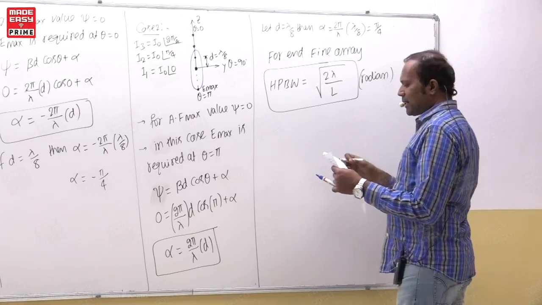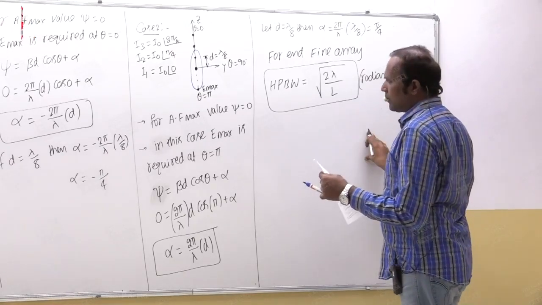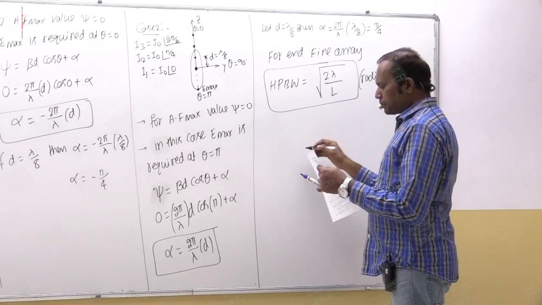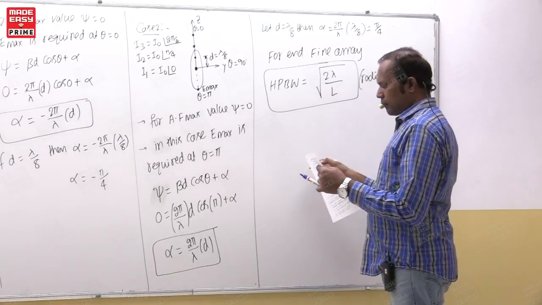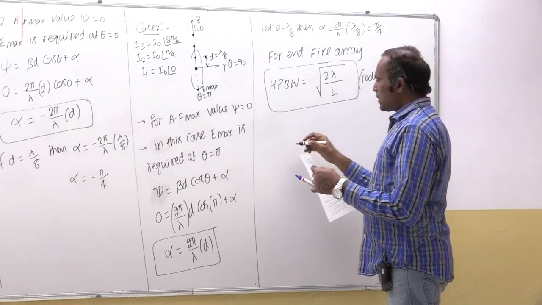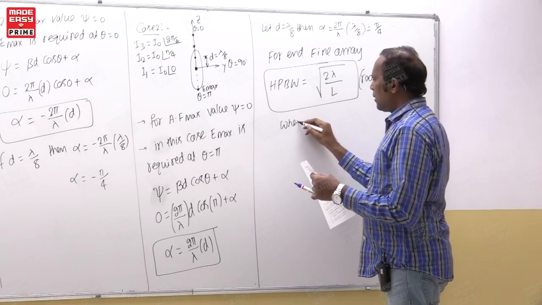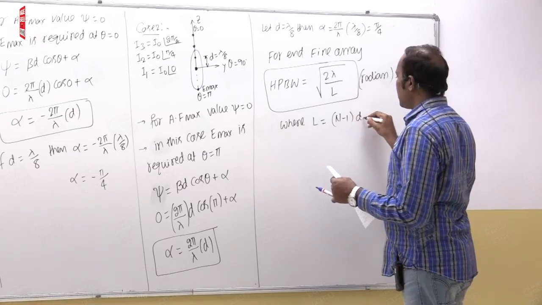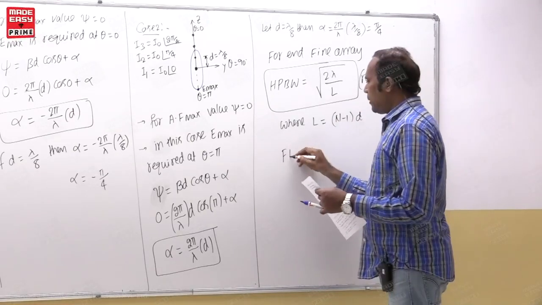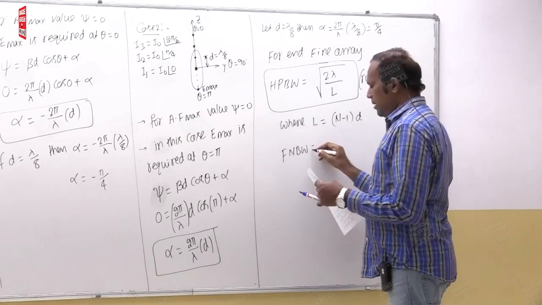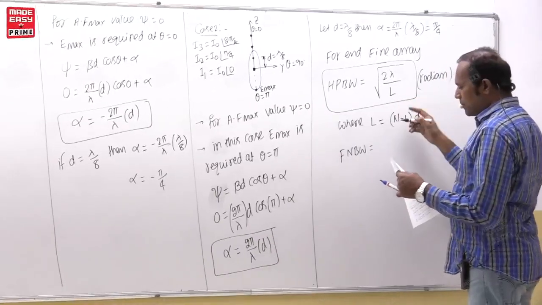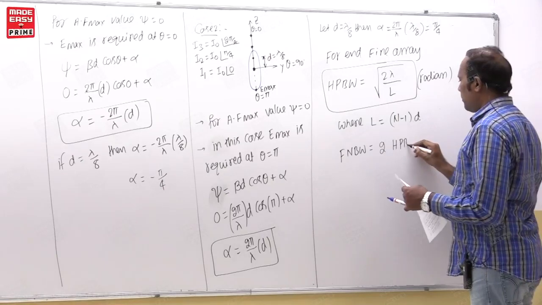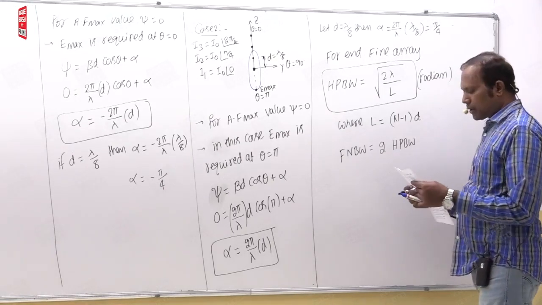Remember, if you want it in degrees, as I already told you, you have to multiply by the conversion factor. Where L is equal to (n minus 1)d, same as previous one. Then the first null beam width is 2 times the half power beam width, so no need to remember that one.